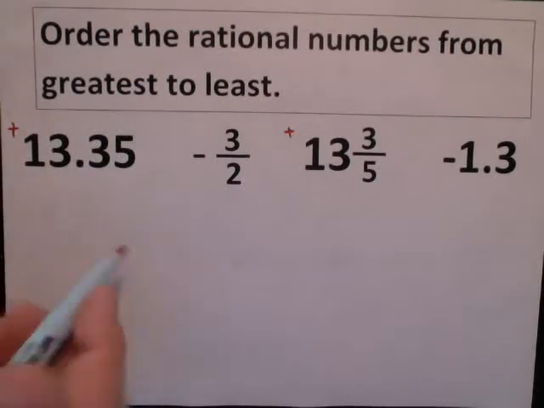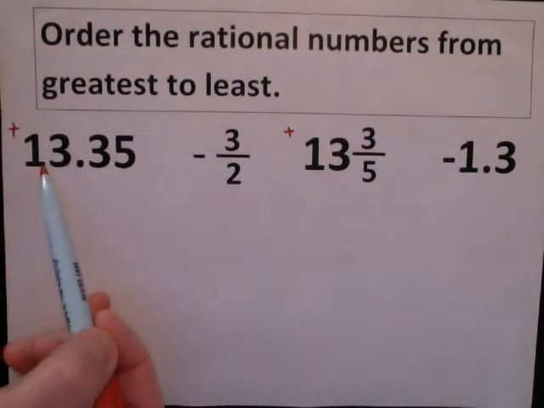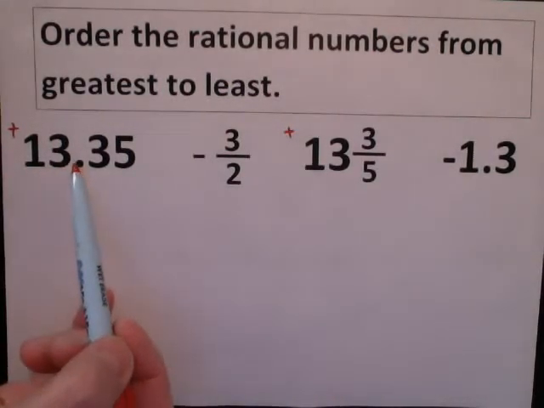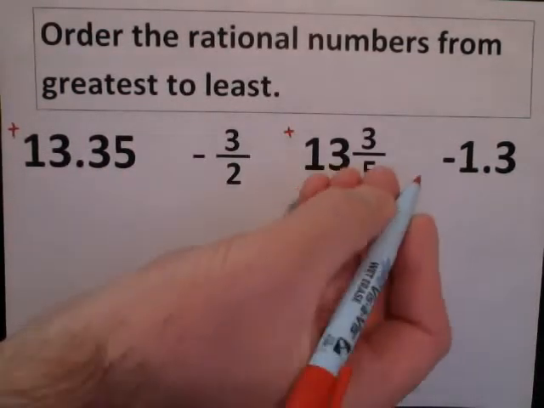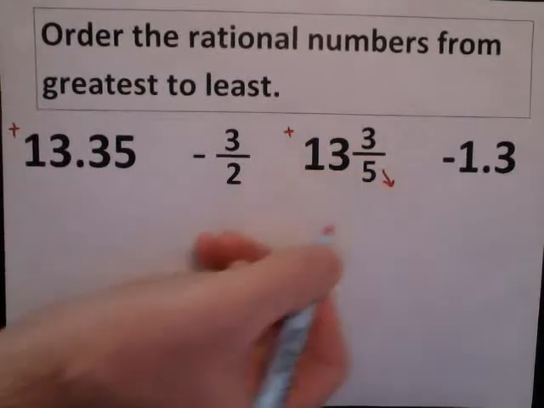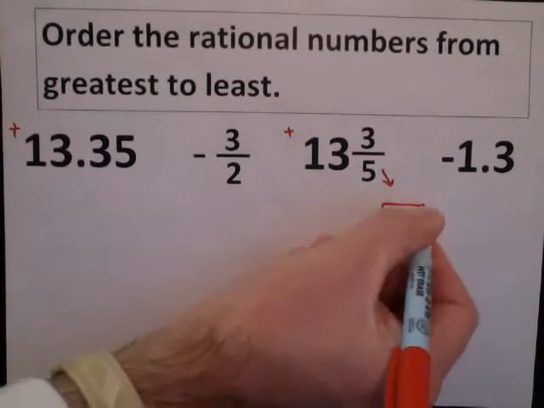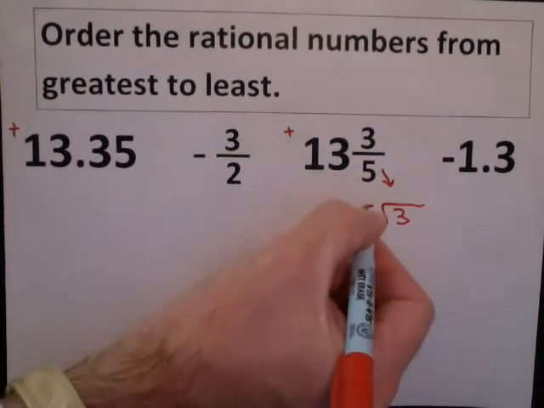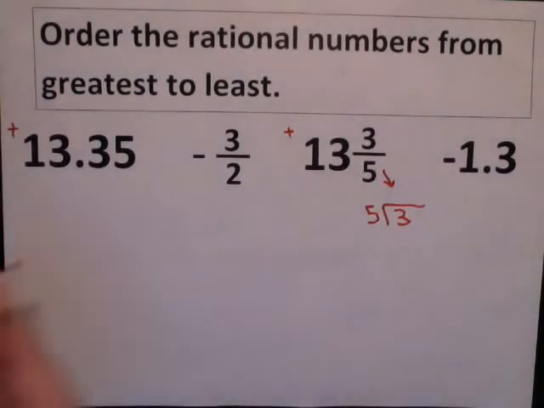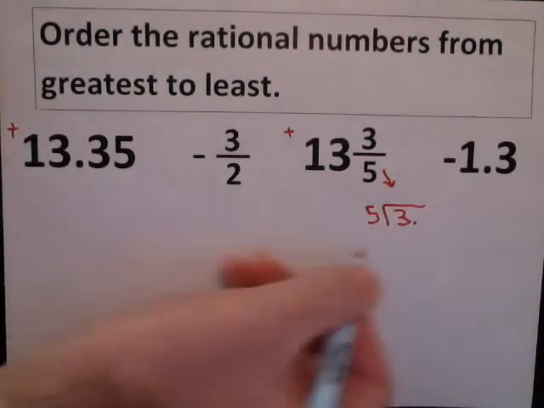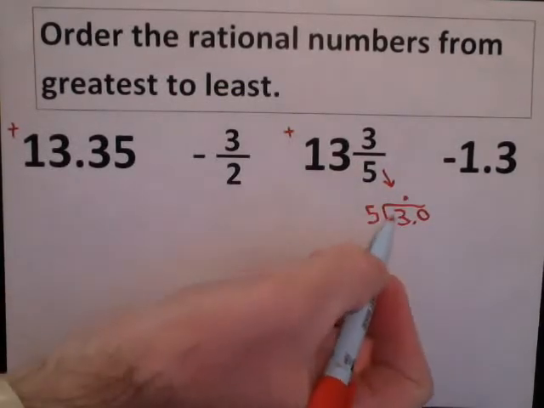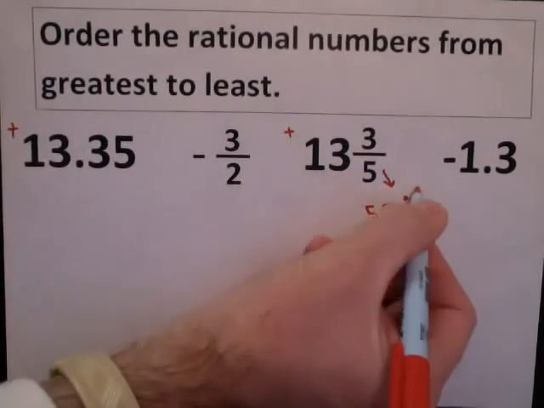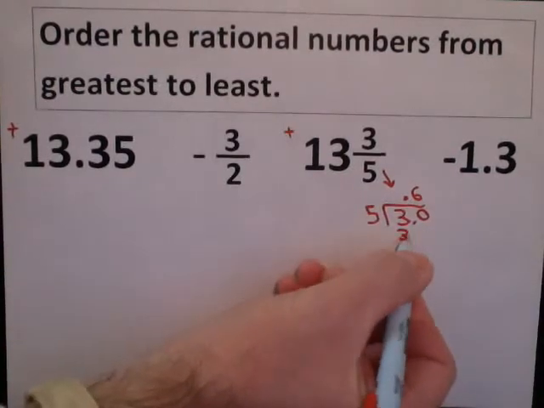Alright? Now, in this case, we have 13 and 35 hundredths. So what we would want to do is take and turn this into a decimal. So we're going to divide 3 by 5. We have to put in a decimal point and annex a 0, bring up our decimal point. 5 will go into 30 a total of 6 times. 6 times 5 is 30.